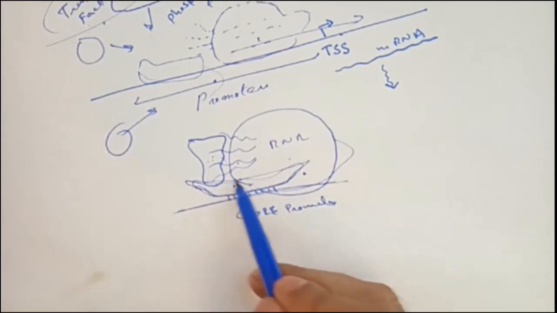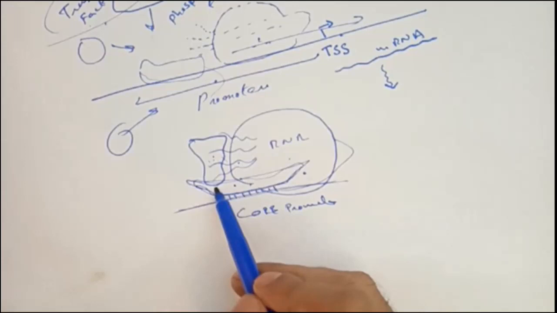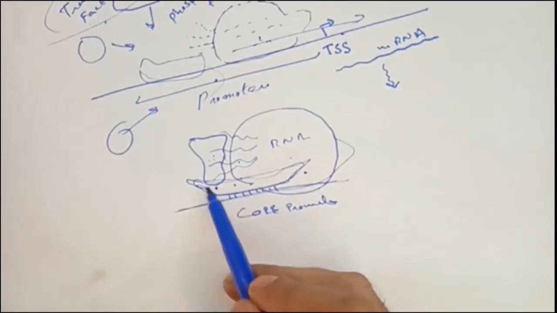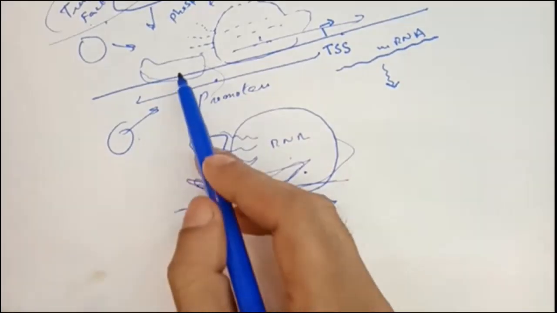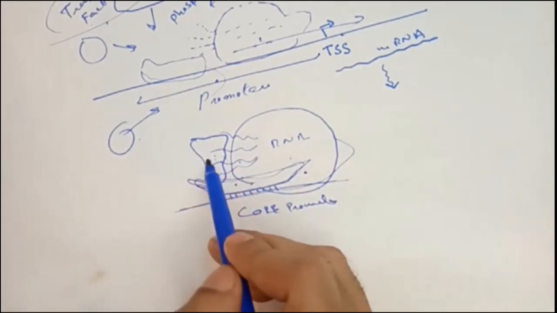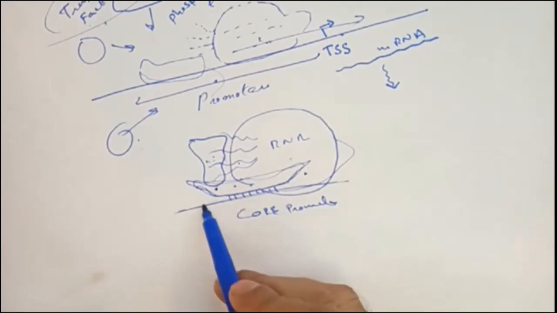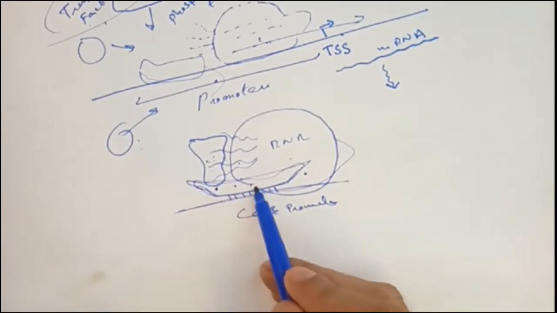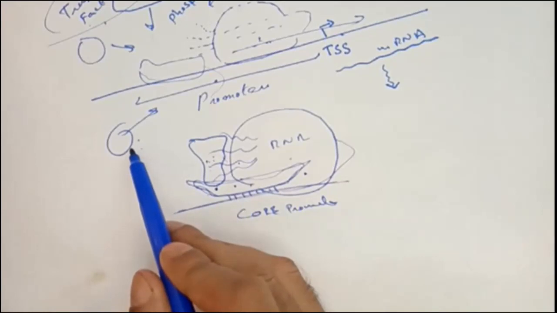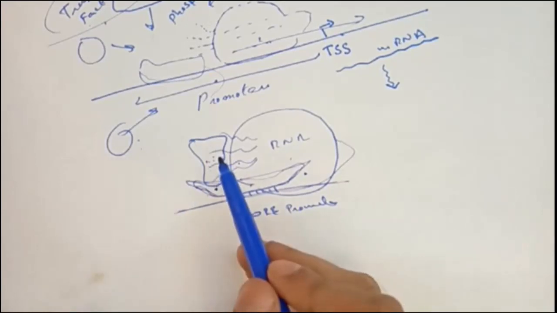Those transcription factors are also universal. They are present in every other cell. There are certain other transcription factors which help in the recruitment of those proteins here, which indirectly help the expression of the genes.